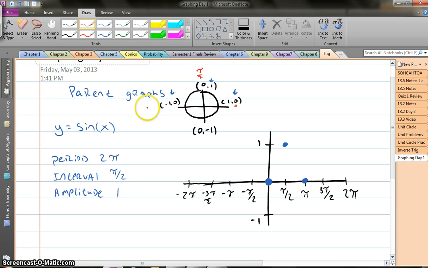Then 1 pi, 3 over 2 pi, and then a full rotation is 2 pi. So my sine value at 3/2 pi is negative 1. So now we drop down here, and then once we get back home at 2 pi, a full period or full rotation is complete.